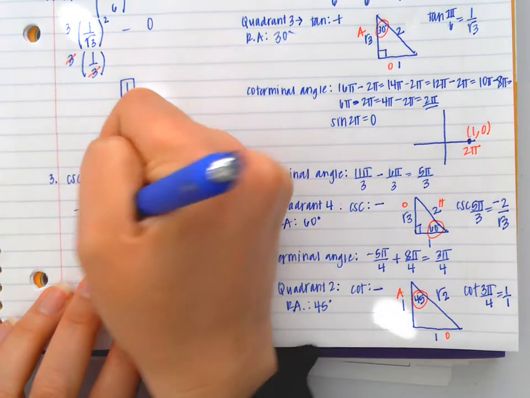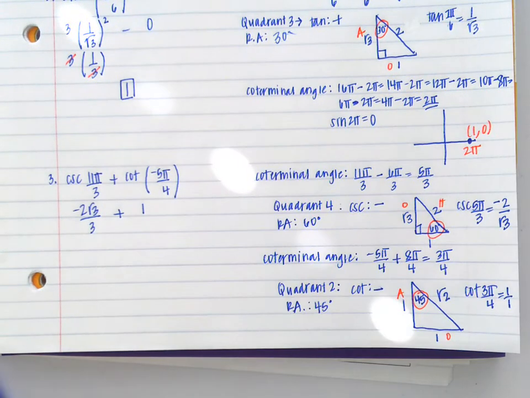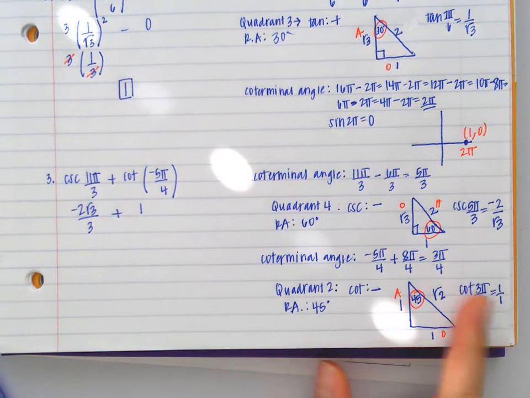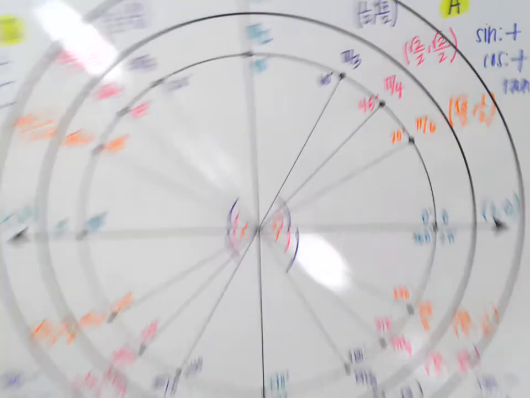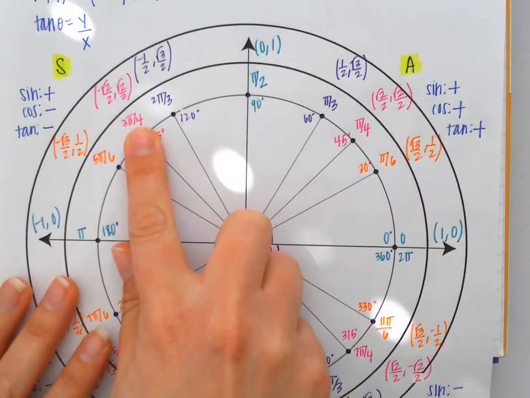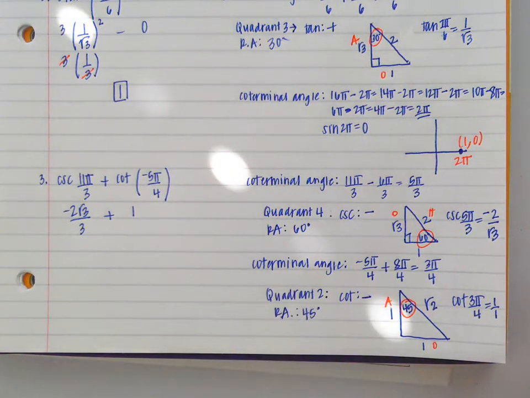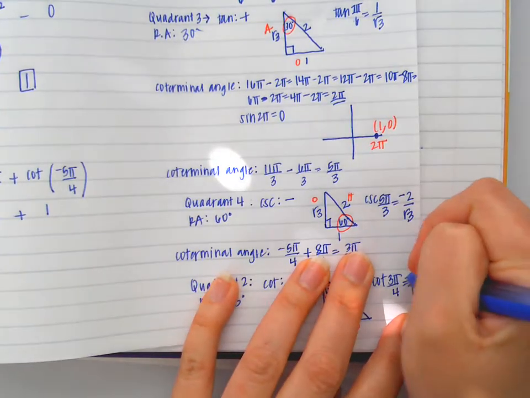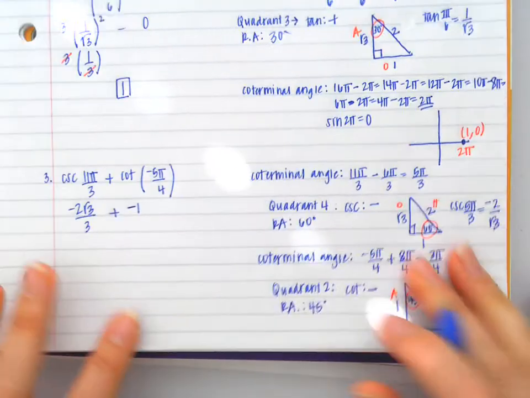And so that's going to be plus 1. Okay, now if you were doing this one using your unit circle, we'd go to 3 pi over 4. And I forgot my sign in there, didn't I? It's a negative, so this should be a negative. Sorry about that.